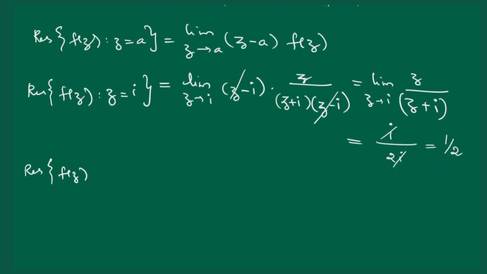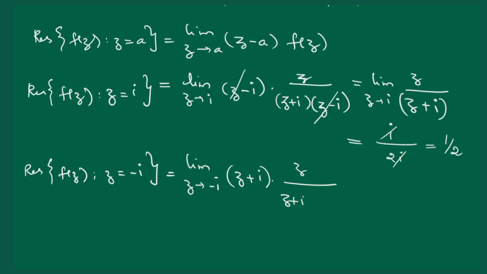So f of z at z equal to minus i, we want to evaluate. So limit z tends to minus i. According to the formula, it should be z minus of minus i, which means we have to write it as z plus i, into the function z by (z square plus 1). Again, z square plus 1 can be written as (z plus i) into (z minus i).